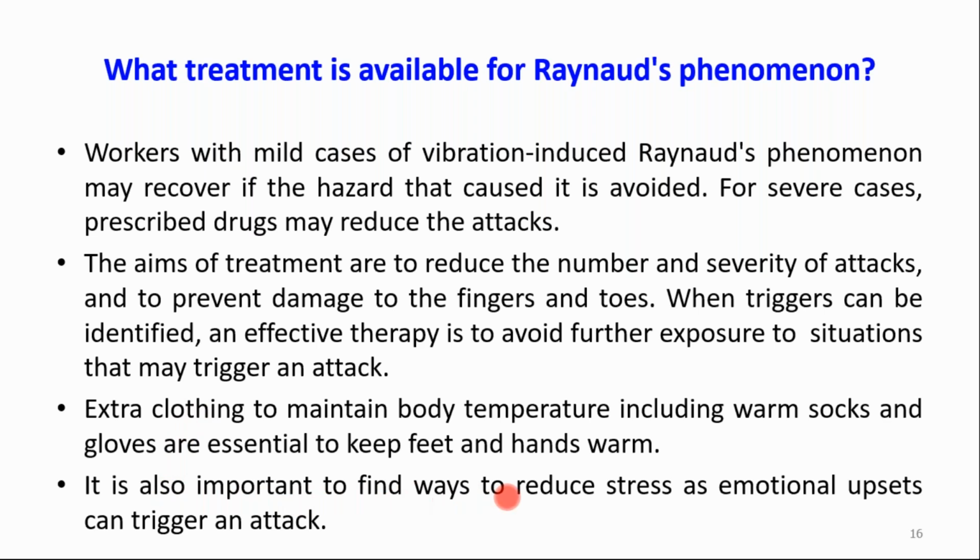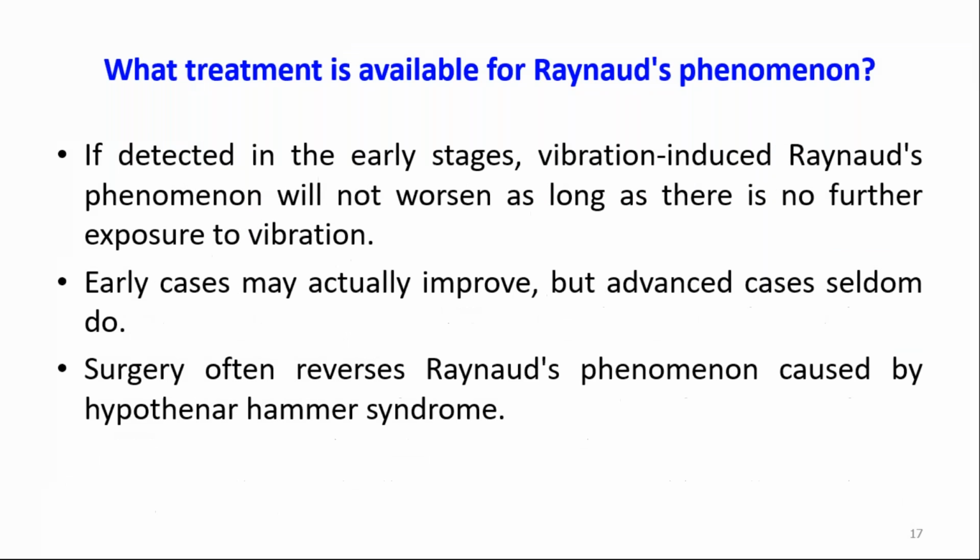It is also important to find ways to reduce stress, as emotional upsets can trigger an attack. Sometimes you can observe improper blood circulation due to high stress or anxiety, and that is why we can reduce these stresses to have proper blood circulation in your body. So these are some of the guidelines for the treatments.